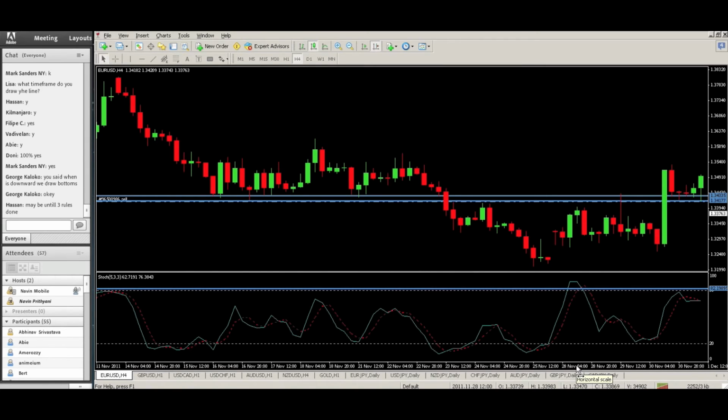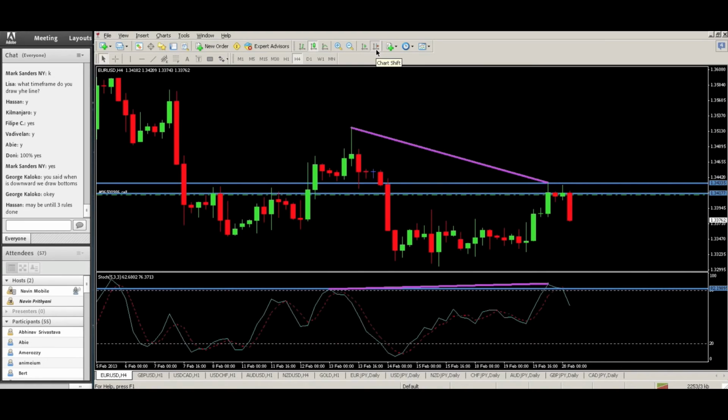It's not really magic, but that's it. So you come back down to the current area, and you're like, okay, this is the area I want to sell from. So we took a sell, and the markets are now headed short. Everyone with me so far? Everyone understand this concept?